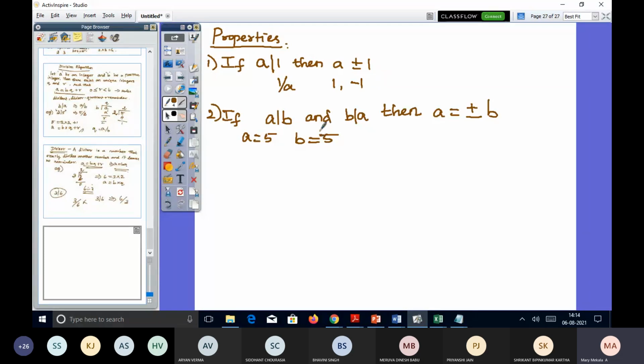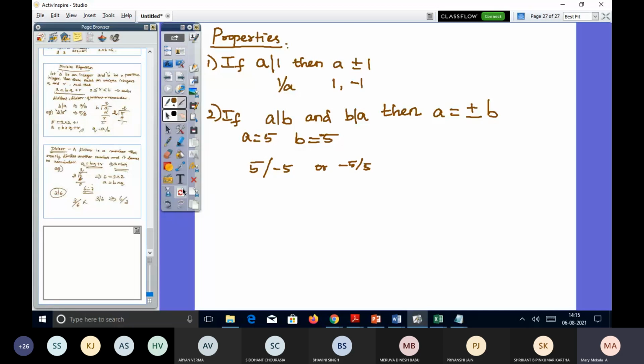So you just try and see the same formula. If you apply it, you will get the answer. 5 divides minus 5 or minus 5 divides 5. You are getting the same answer, isn't it? So that is why it is told that A is equal to plus or minus B, right?